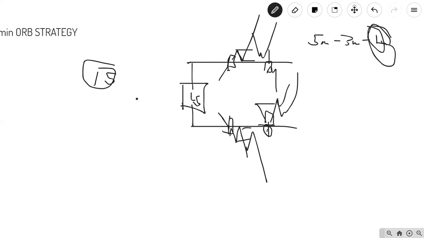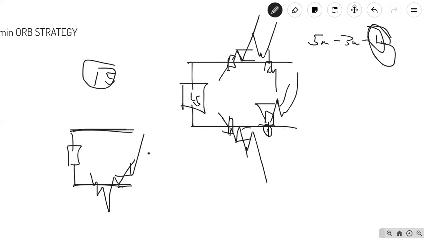Sometimes you may face something like this: you have your 15 minutes, the market breaks in, you take the trade, and then it comes back again, breaks in, and you can take another trade for reversal. But simply, this is your point of interest for the entire session.